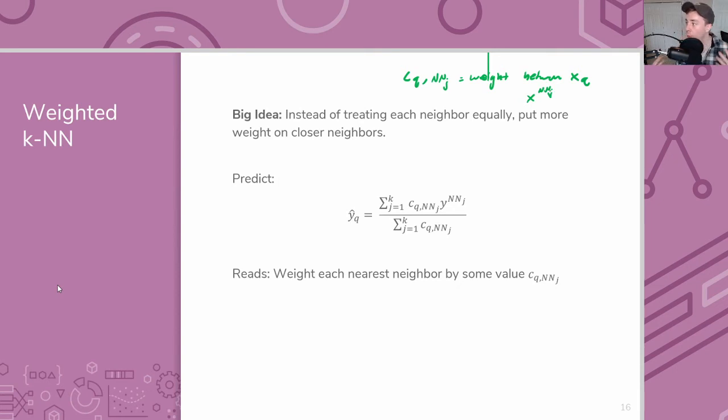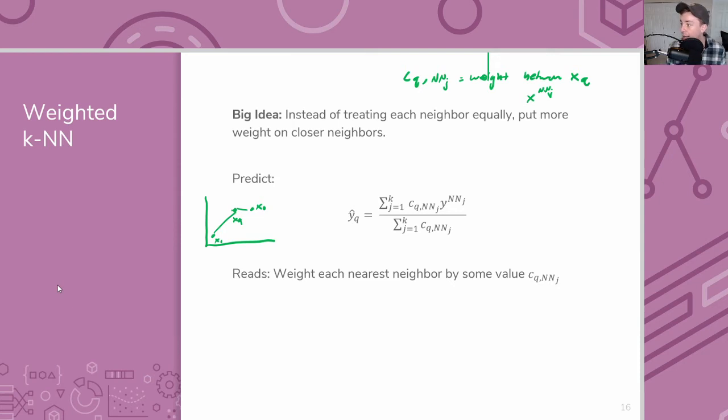So I'm going to have some kind of weight between these two examples. If I have, say, some data points, maybe my x_q here, then I have maybe x_0, x_1. I'm making weights based off these distances between them.